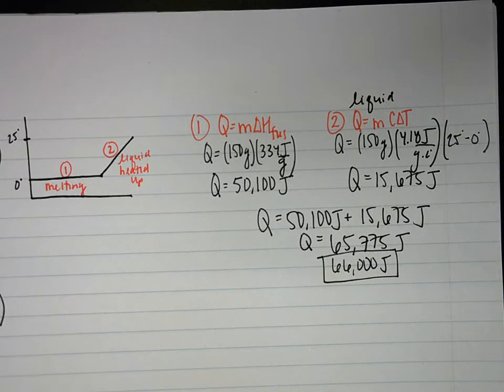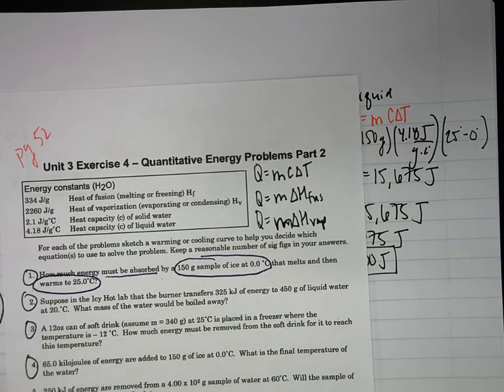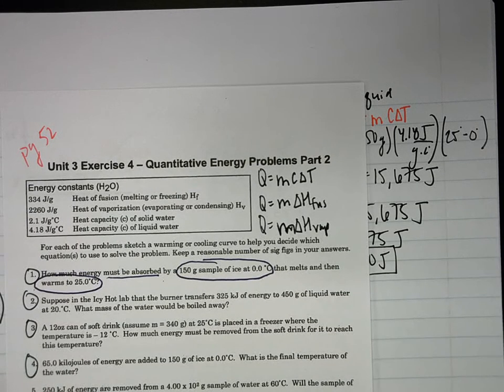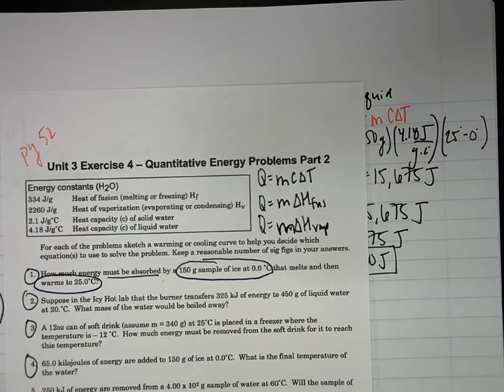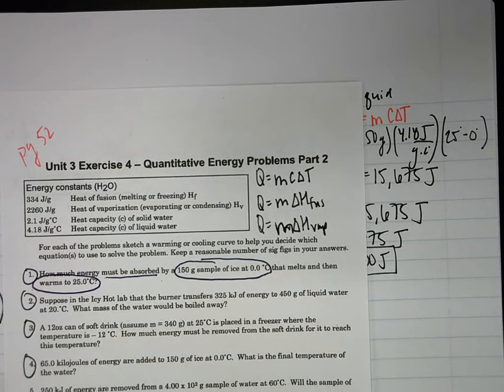Suppose in the icy hot lab that the burner transfers 325 kilojoules of energy to 450 grams of liquid water at 20 degrees Celsius. What mass of water must be boiled away? We have to think of this in 2 different parts. Liquid water is going to start to boil.